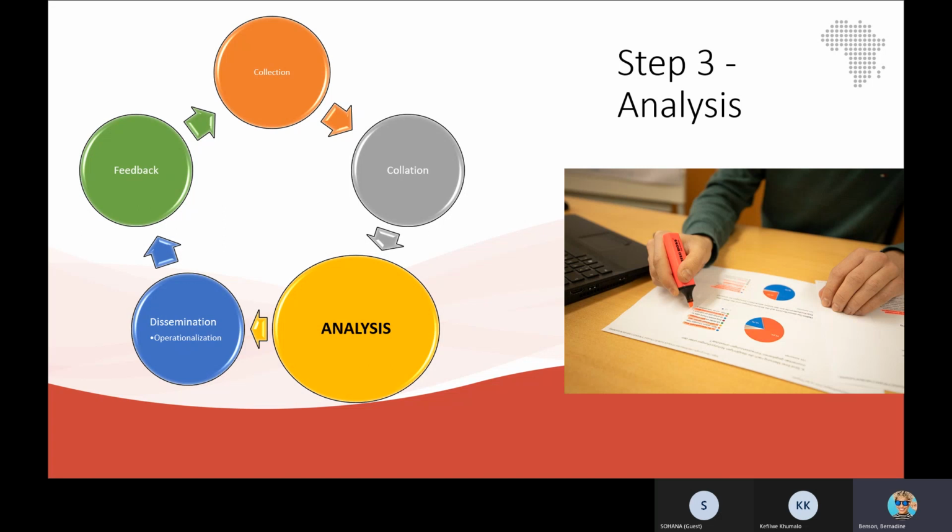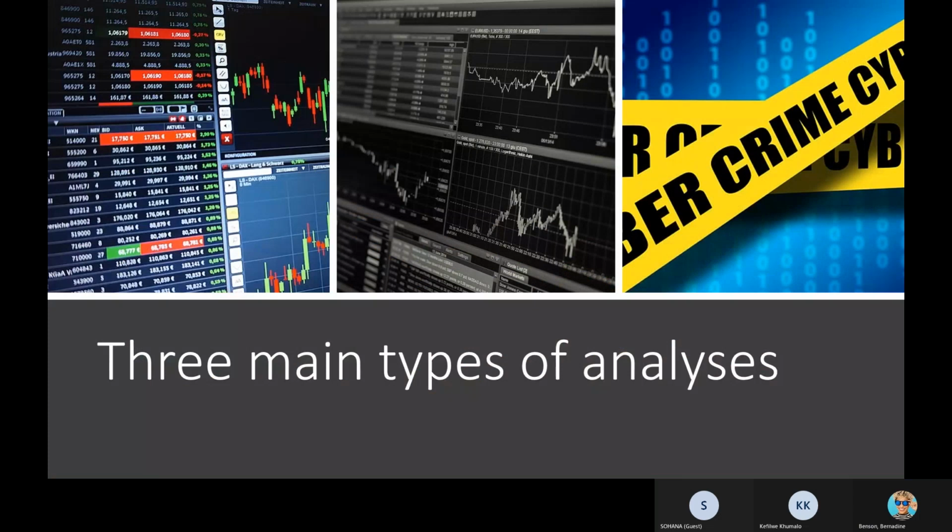And now when the analyst analyzes, there are three main types of analyses that are done. Your first one is a crime analysis, more specifically when you look at crime patterns, because we want to prevent something from happening, we want to detect.